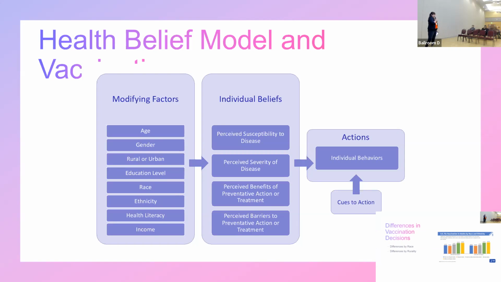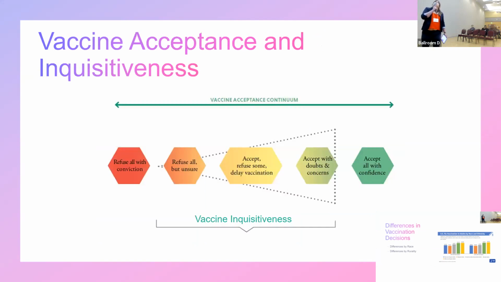As we saw in the health belief model, in that first column of modifying factors, there are a number of different influences in our environment and socially that impact how we make vaccine decisions. One of the biggest factors that has been observed in influenza vaccination rates, as well as significantly in COVID-19 vaccinations, is race.